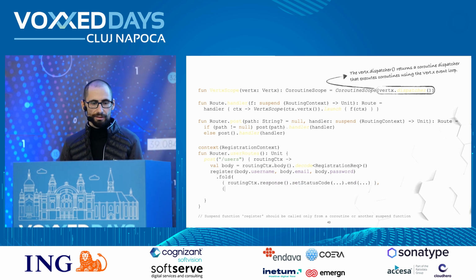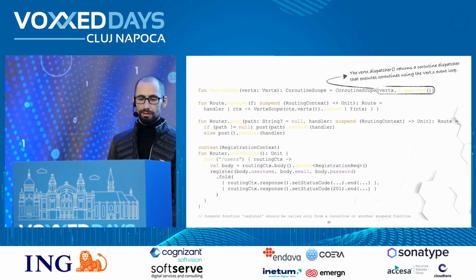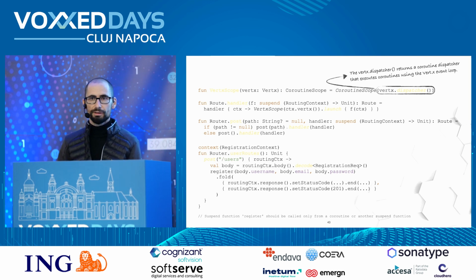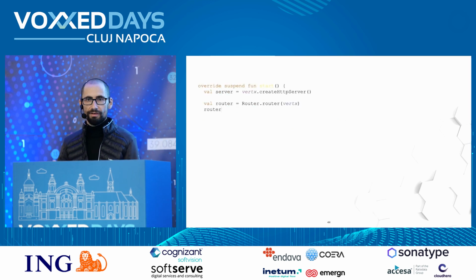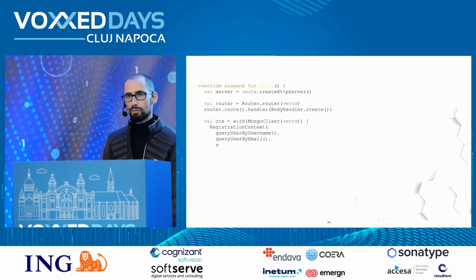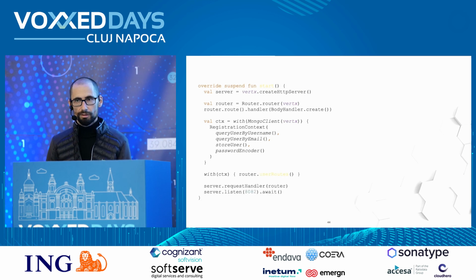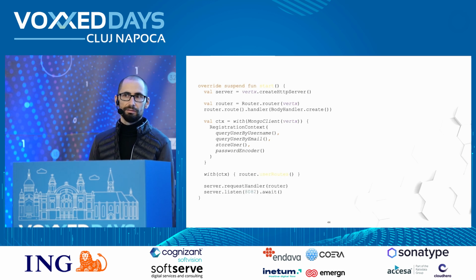And now that we've done this, instead of using the post that comes from Vertex, we're using the post that we created as an extension function and doing pretty much the same things that we did with our Spring Boot app.